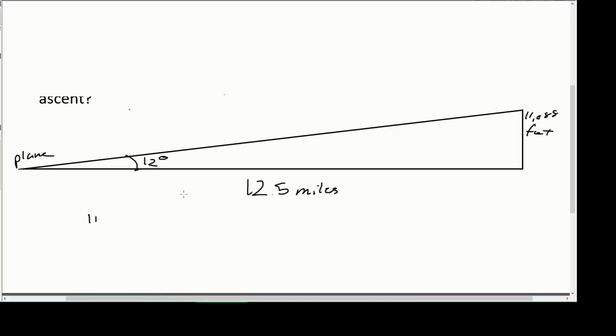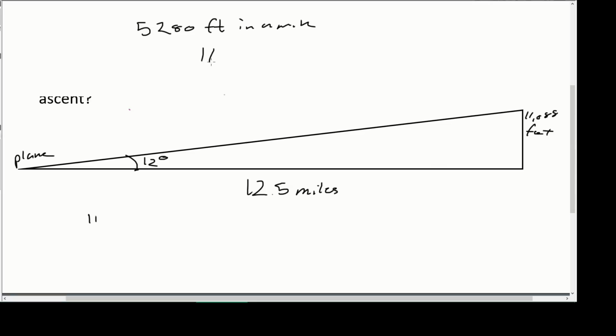Now, from 11,088 feet to 12.5 miles, we want to know which one we want to work in. Well, I know there's 5,280 feet in a mile. So if I have to do 5,280 times 12, I'm going to be in 60,000 feet and 11,000 feet. Those are just such large numbers. I don't really want to deal with them. Plus, once you travel 12.5 miles, it doesn't make too much sense to work in feet anymore.